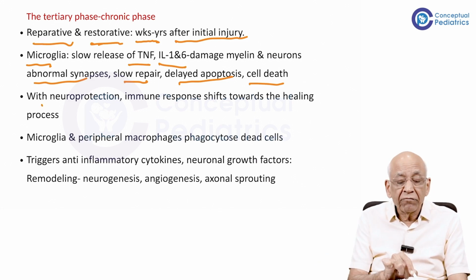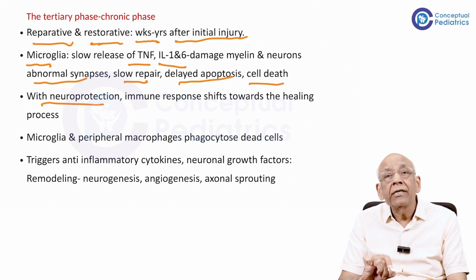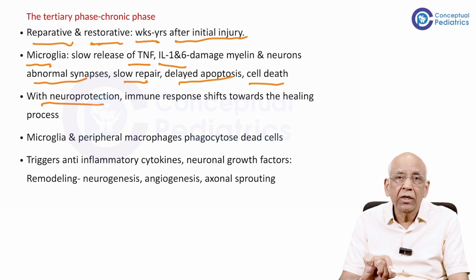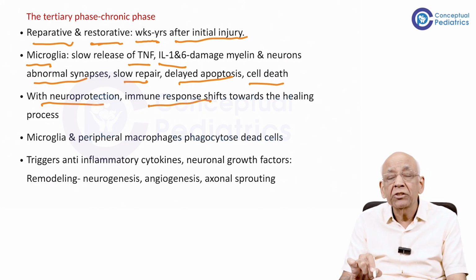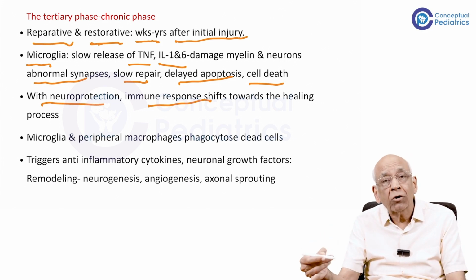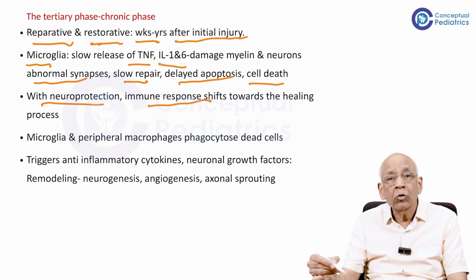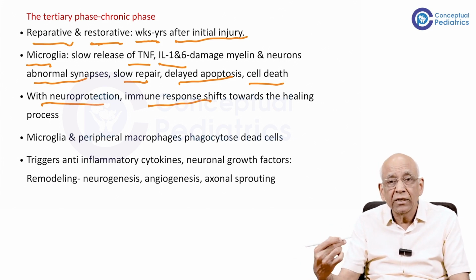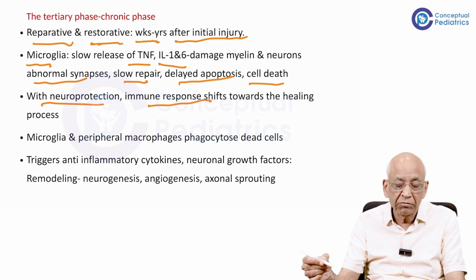death. If we do some neuroprotective intervention, for example, therapeutic hypothermia or erythropoietin, then the immune response shifts towards the healing process. So, instead of pro-inflammatory cytokines, the anti-inflammatory cytokines will be there.